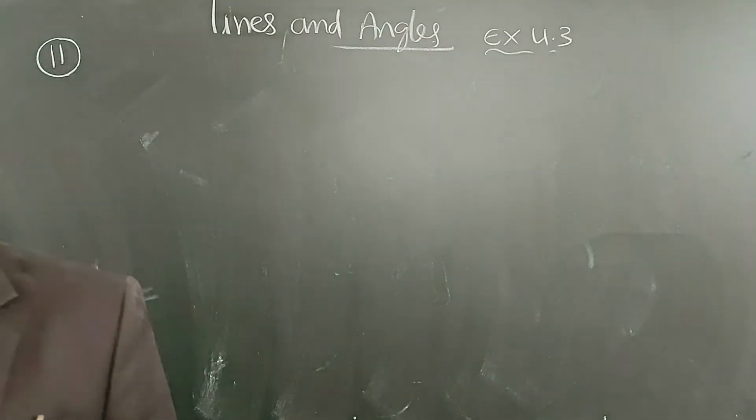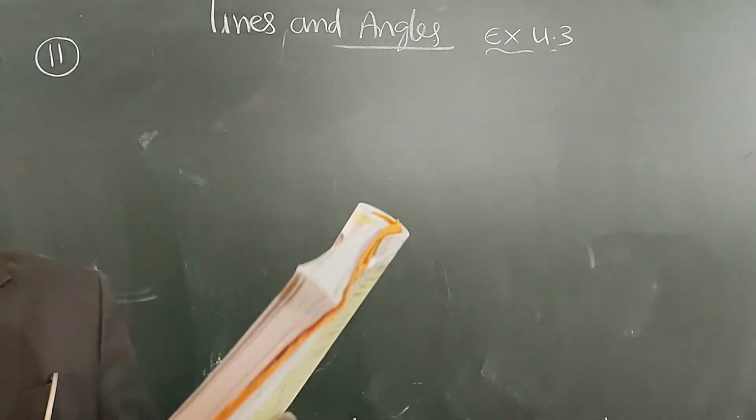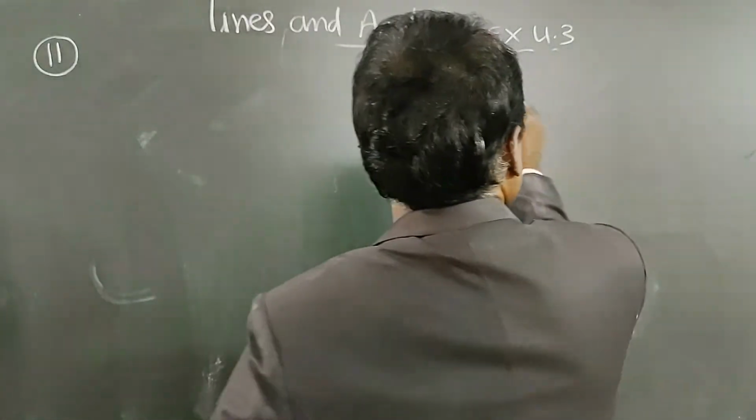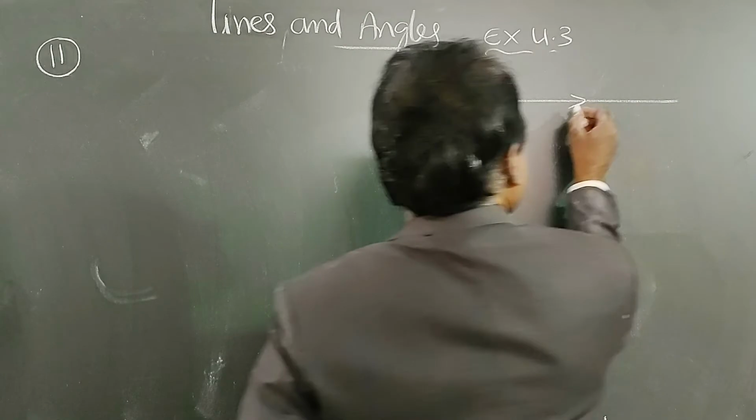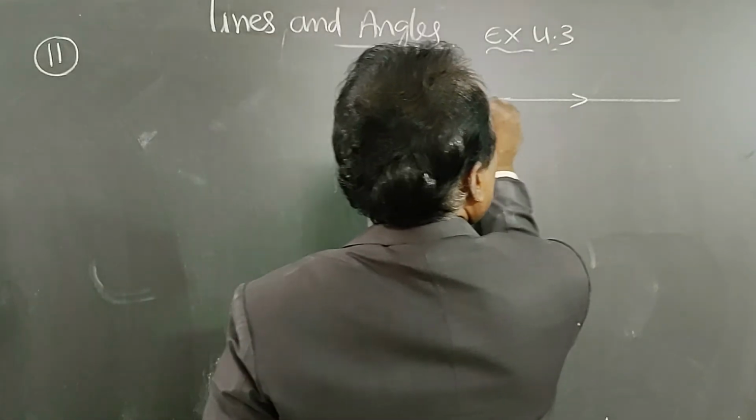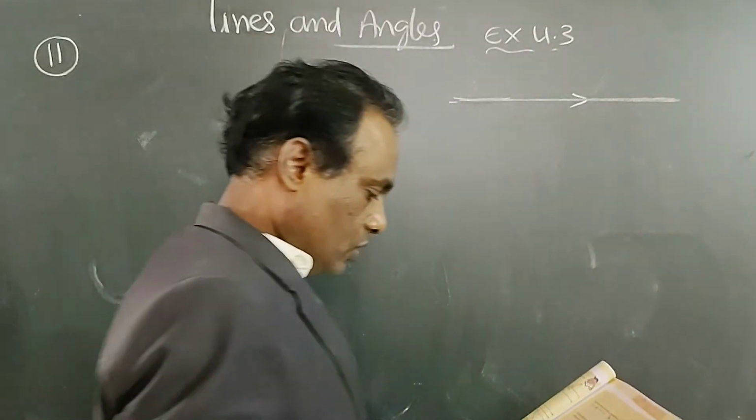Students, 11th one, from the given figure, find x and y. See, this arrow mark symbol is the parallel symbol. This is parallel to this.